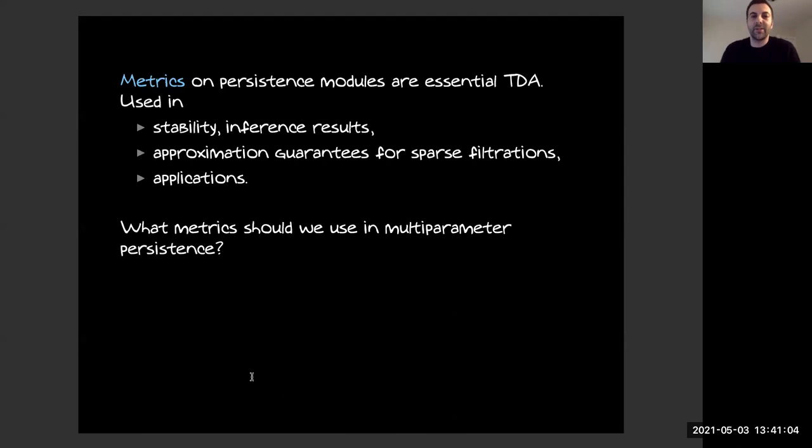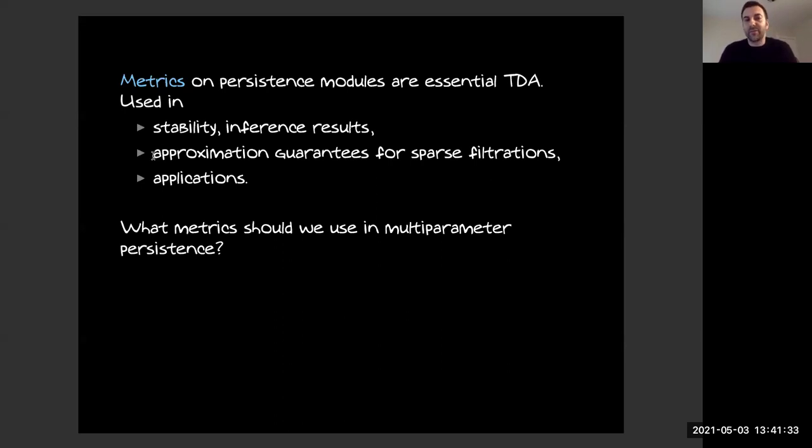We typically care more about whether two objects are close in some metric, as opposed to whether they're isomorphic on the nose, because in TDA, our objects are only barely isomorphic on the nose. And we're always working in these kinds of noisy settings. And so concretely, metrics in TDA are used for stability and inference results. So they're very important in formulating the theory.